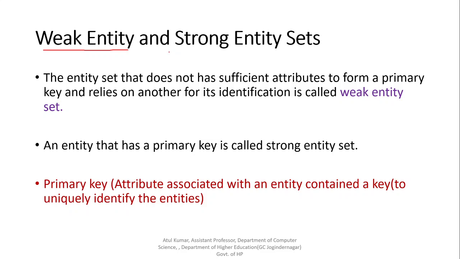One is the weak entity and the other is the strong entity set. The weak entity is the entity that doesn't have sufficient attributes to form a primary key, and also that weak entity depends upon another entity for its identification.